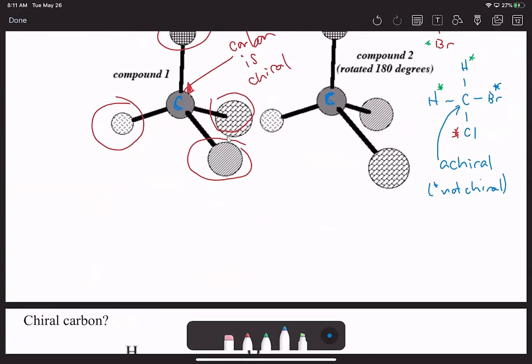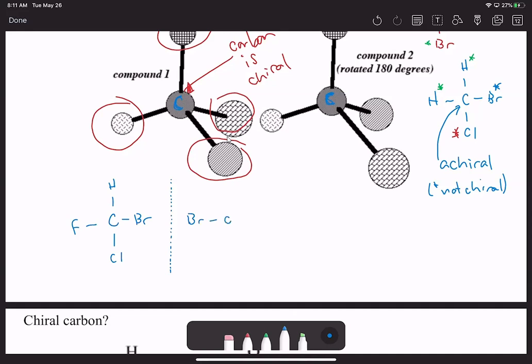So as far as enantiomers go, we deal with mirror images. So here we have hydrogen, bromine, chlorine, and fluorine. And let's say this is my mirror plane right here, and I want the reflection of this. So this is kind of me putting my left hand up, and then I'm going to draw what seems to be my right hand.